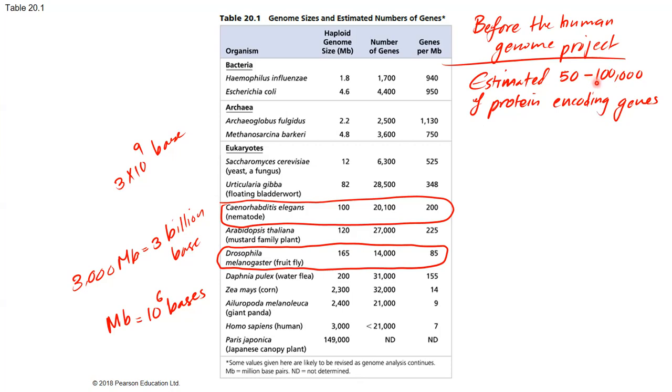But after the Human Genome Project, we know that protein-encoding genes are almost one fifth of this number.